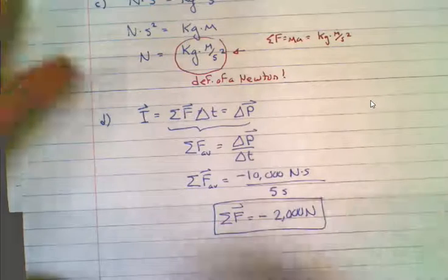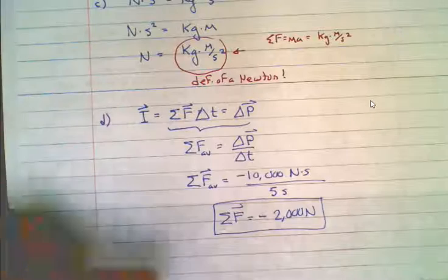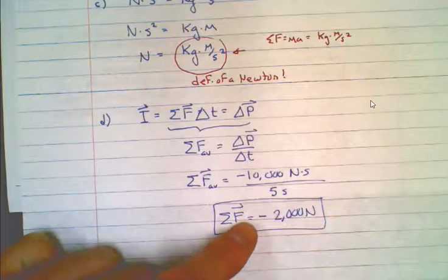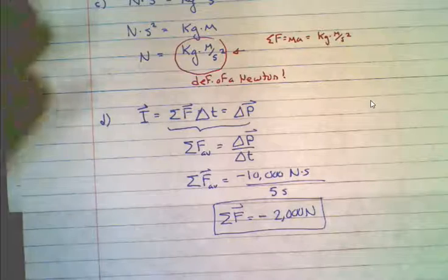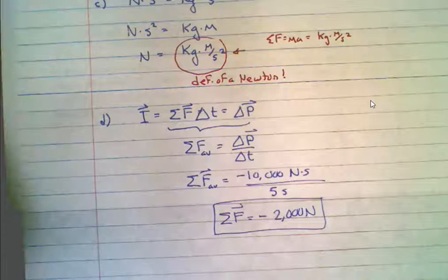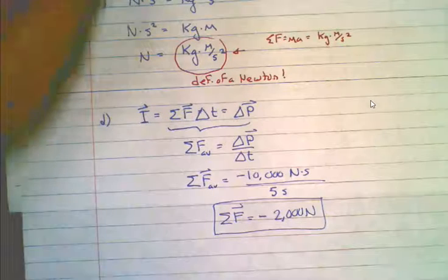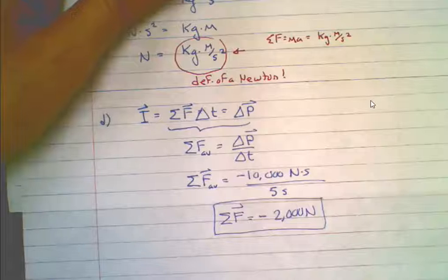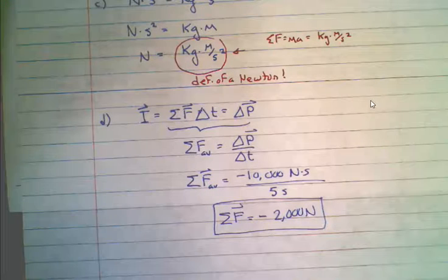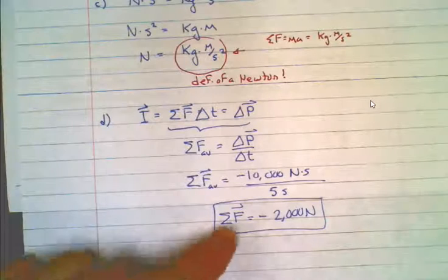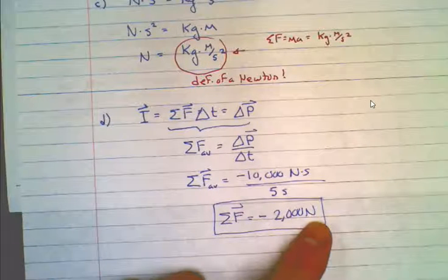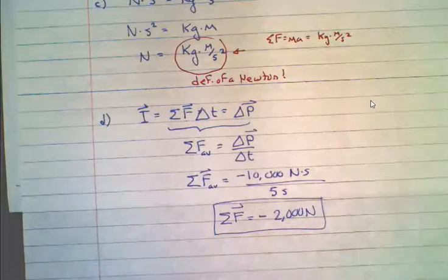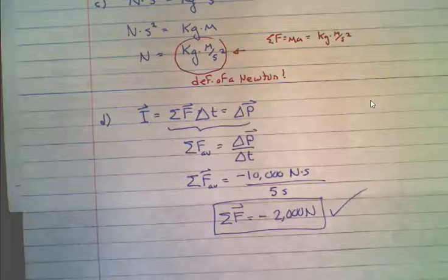Knowing this, if we divide it by the mass of the car, which was 1,000, we get the acceleration, which we already know is negative 2 meters per second squared, right? Because v2 is 15 minus v1, which is 25, is negative 10. Negative 10 divided by 5 is negative 2. If the average net force is negative 2,000 newtons, and we divide it by the mass of 1,000, we get negative 2 meters per second squared. So it's consistent once again.